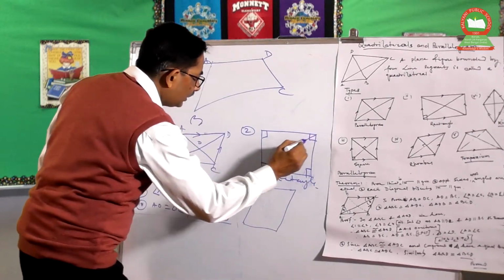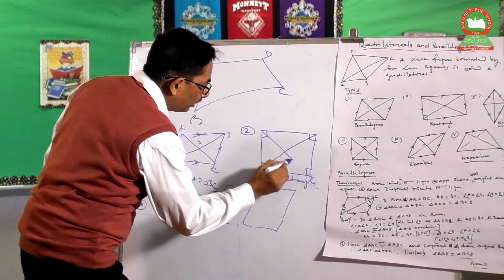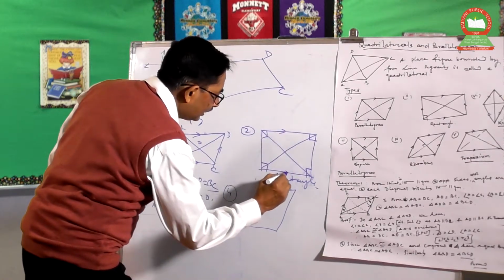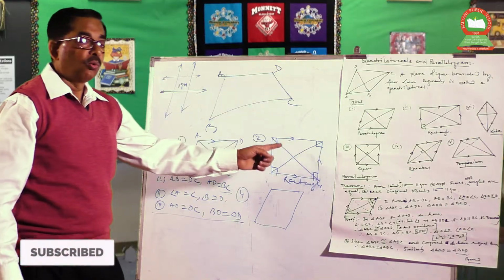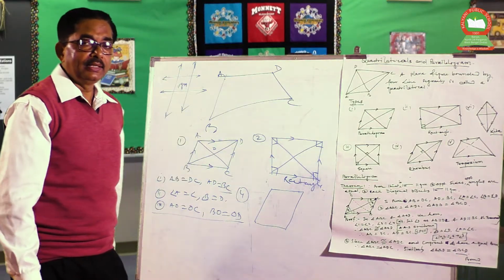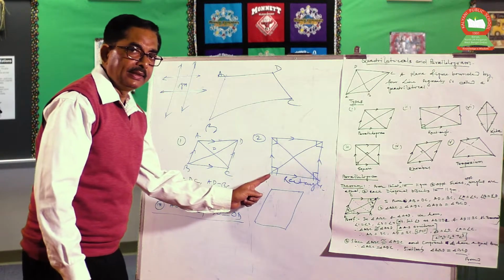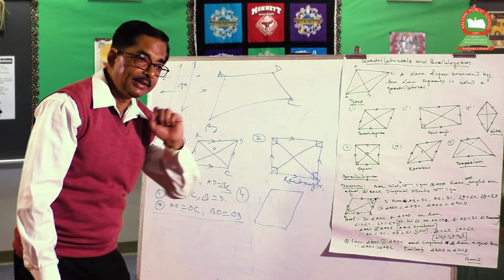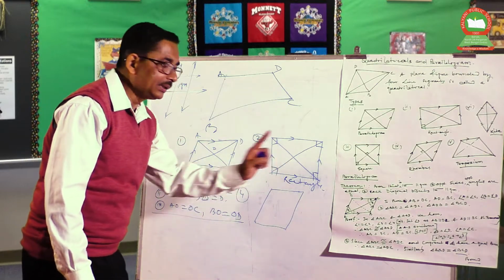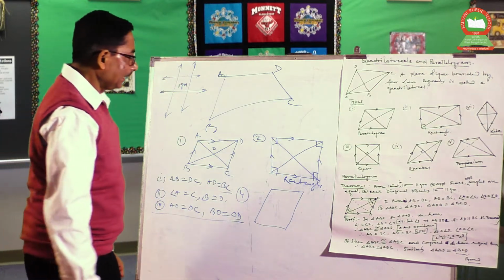Here also, this is a parallelogram. We can define a rectangle as a parallelogram having one angle of 90 degrees. If one angle is 90 degrees, all other angles will be 90 degrees. So that type of quadrilateral is called a rectangle.